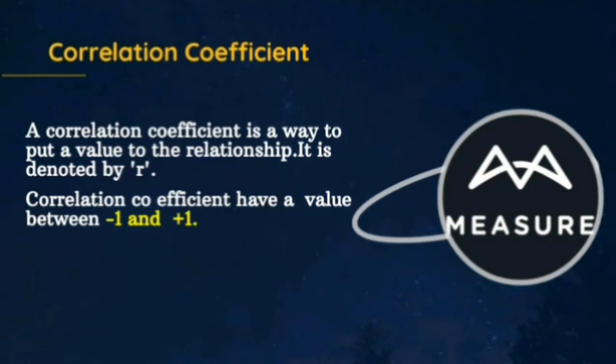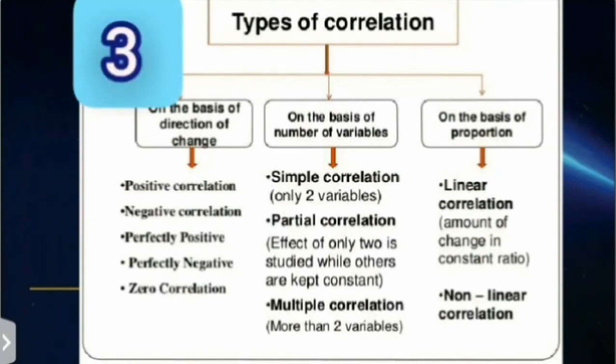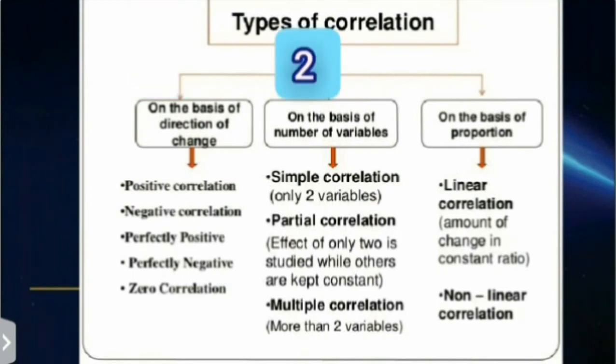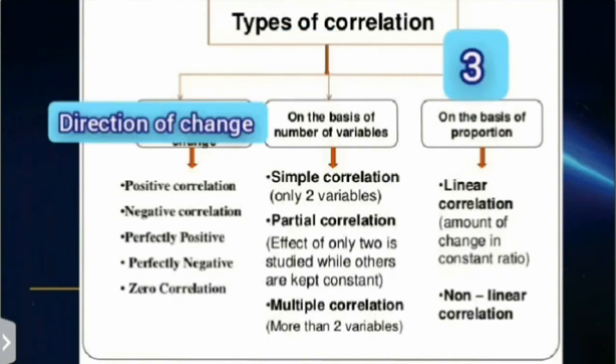Now let us move to the different types of correlation. Correlation is classified into different types on the basis of three categories. The first one is on the basis of direction of change, the second one on the basis of number of variables, and the third one on the basis of proportion. On the basis of direction of change, correlation is classified into positive correlation, negative correlation, perfectly positive, perfectly negative, and zero correlation.